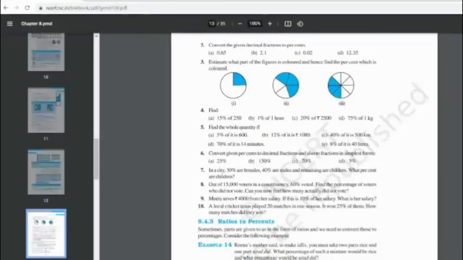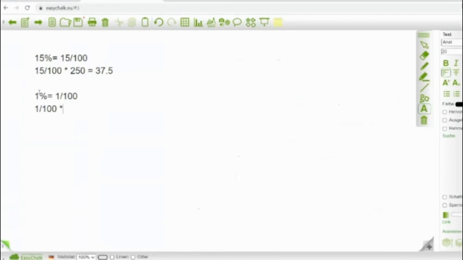Then we'll multiply this 1 by 100 by 60 multiplied by 60. You might wonder why we did that, because 1 hour has 60 minutes and each minute has 60 seconds. So we do that and we get 1 upon 100 multiplied by 3600, which will be 36 seconds.